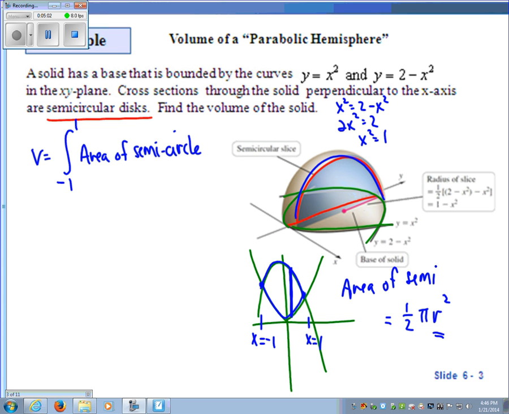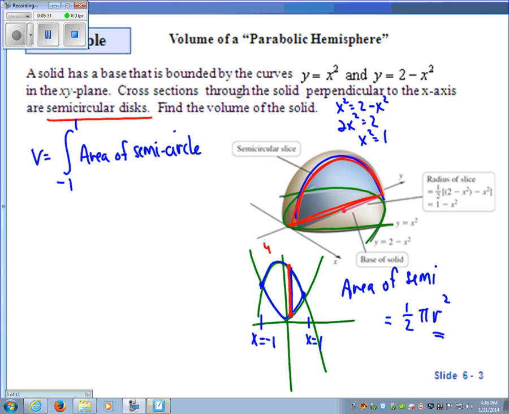Okay, so now I need to find the area of that semicircle, which is based on the radius. This right here is this bottom that will be the diameter of this semicircle. So if you look at this length, then half of that's going to be the radius. So to figure out what this distance is, I can take this function's value minus this function's value.